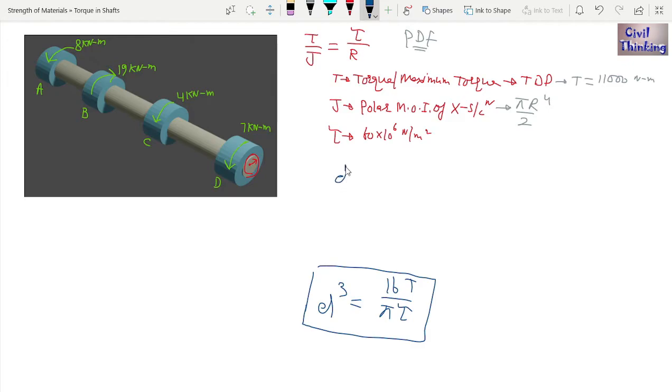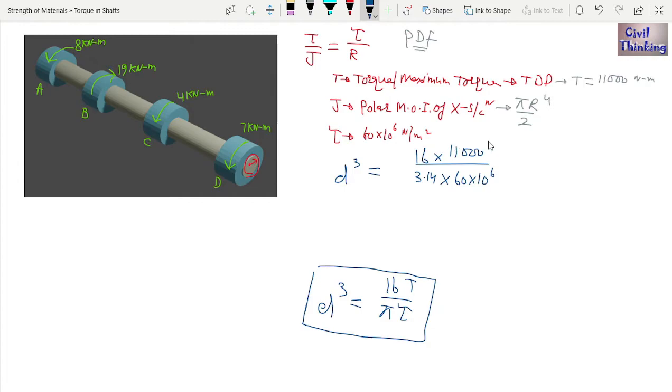Now d cube is equal to 16 times T. T is the torque, which is 11,000, divided by pi. Pi is 3.14, and tau. How much is tau? It is 60 multiplied by 10 to the power 6.